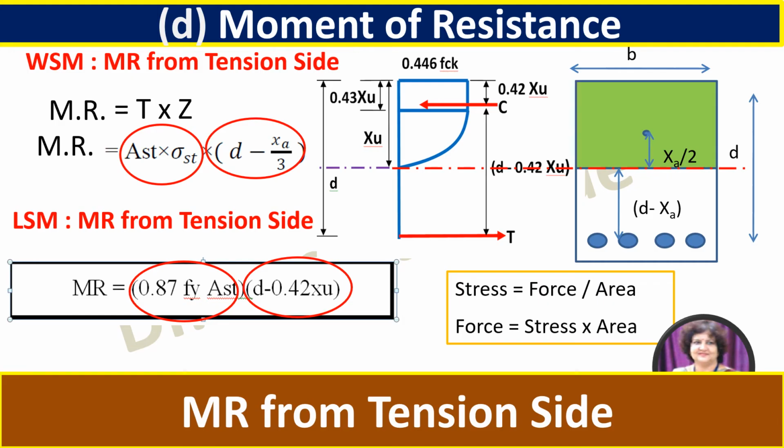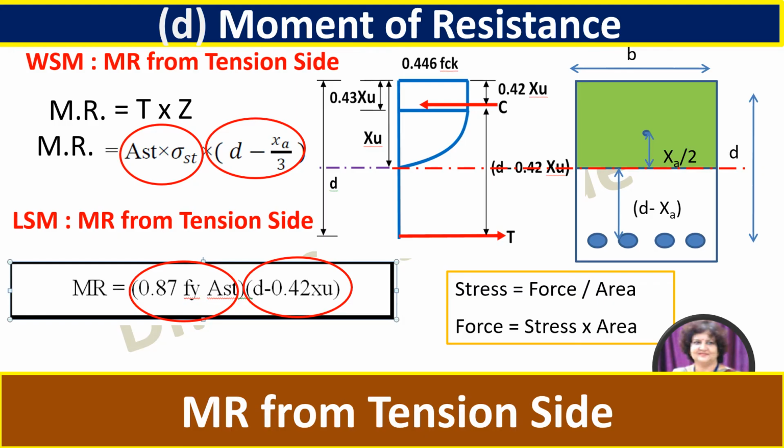Whereas in limit state method, Fy depends on grade of steel. If it is Fe 250 grade of steel, then Fy is 250. Just by multiplying it by the factor 0.87, 0.87 Fy is the permissible stress in limit state method.